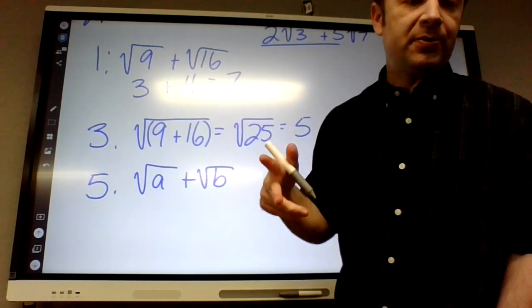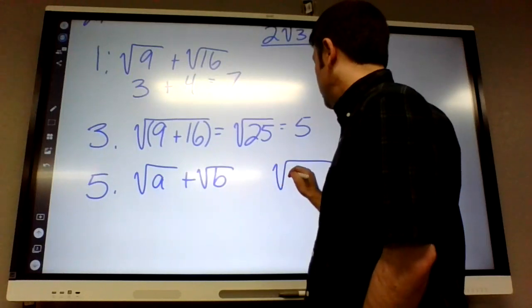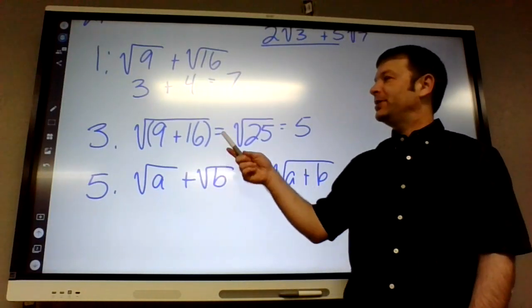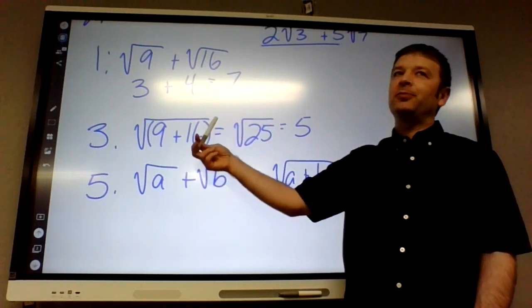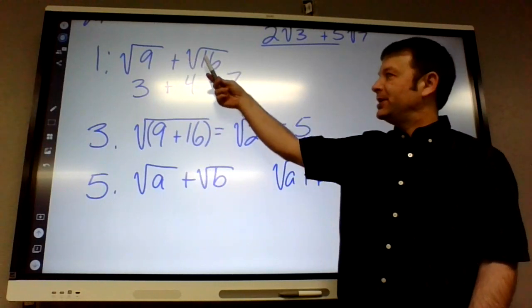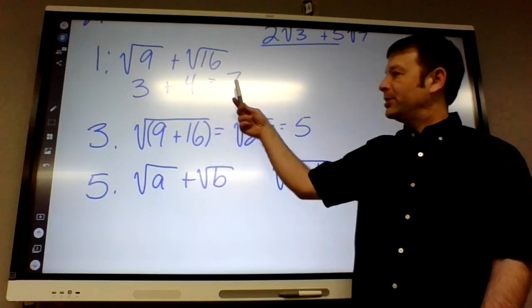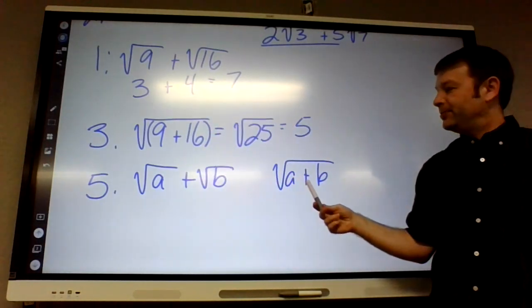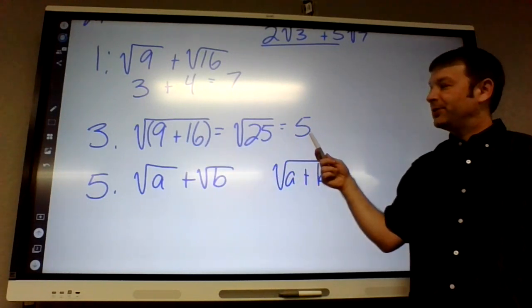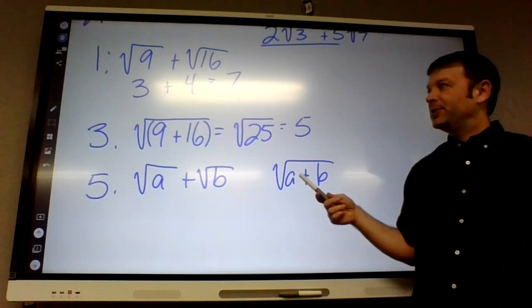Is it equal? What they're doing is referring back to 1 and 3. If we square root them individually and then add them like we did on number 1, or if we add them together first and then square root them like we did on number 3, which one comes out bigger?